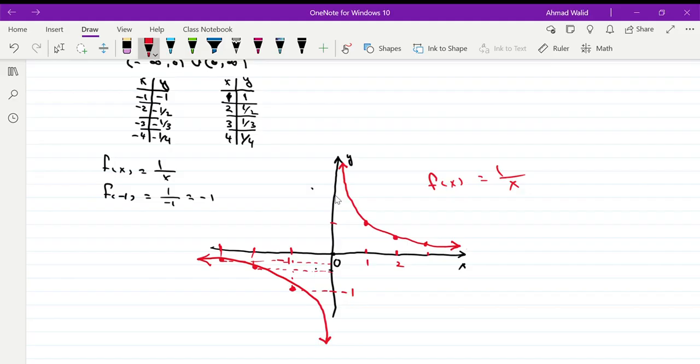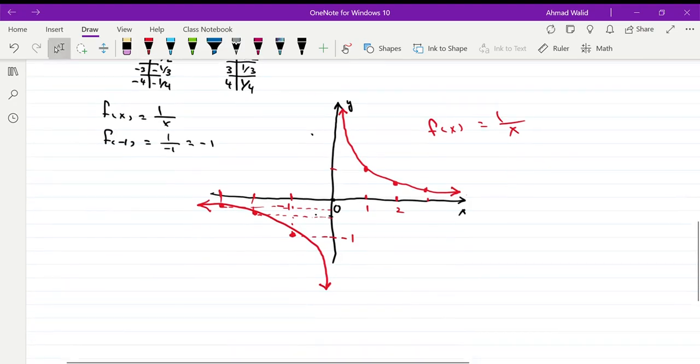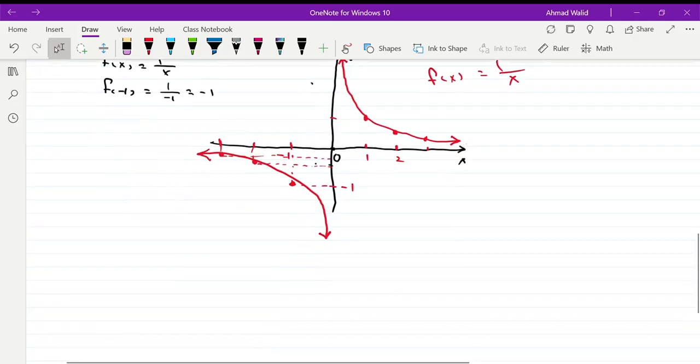Look at these tables. On the first table, I am approaching 0 from the left side. On this table, I am approaching 0 from the right side, correct? How do we write this notation, when you are approaching from the left or from the right?